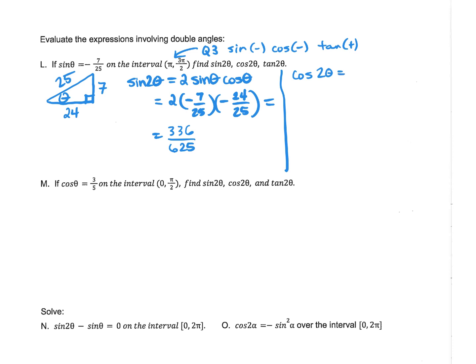Let's do cosine. I'm going to use the first formula. It is cosine squared minus sine squared. We can use the exact same triangle we just drew.